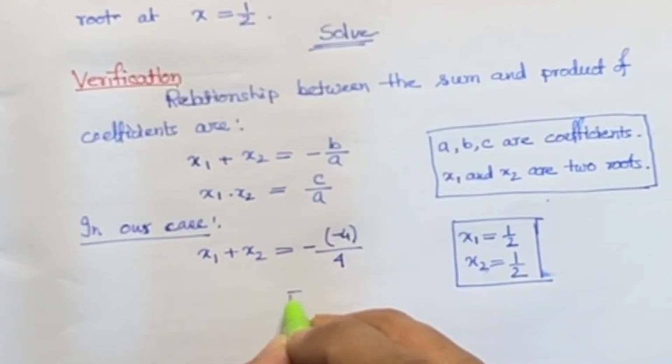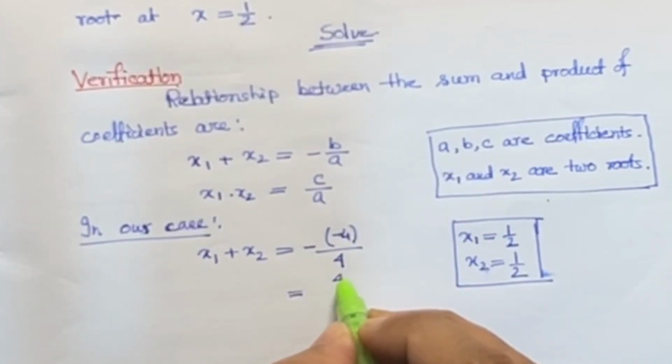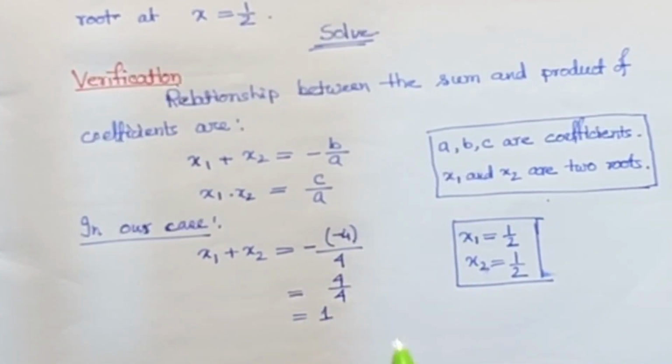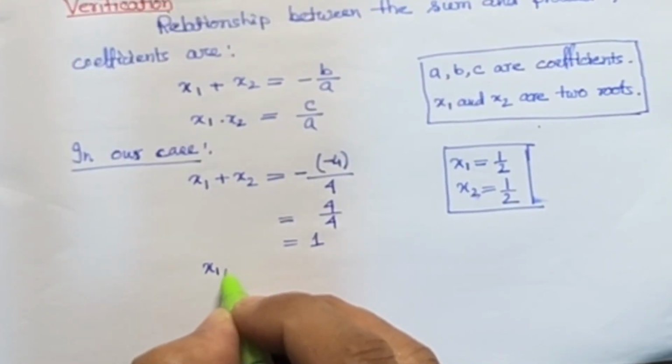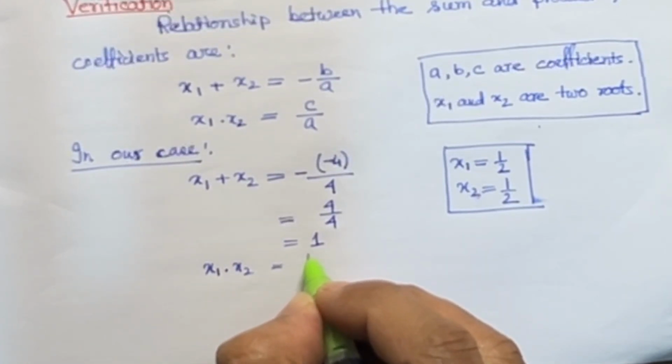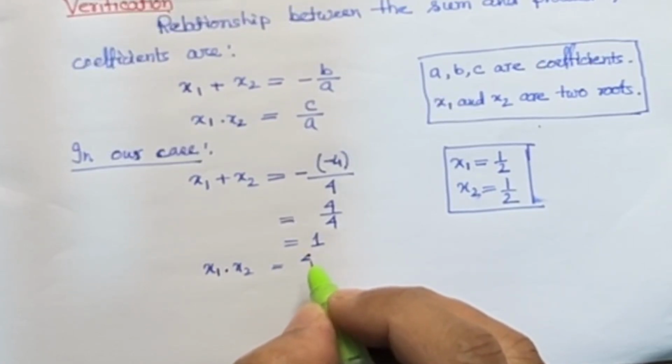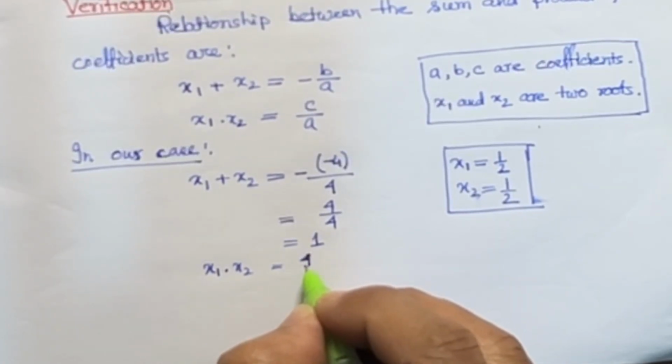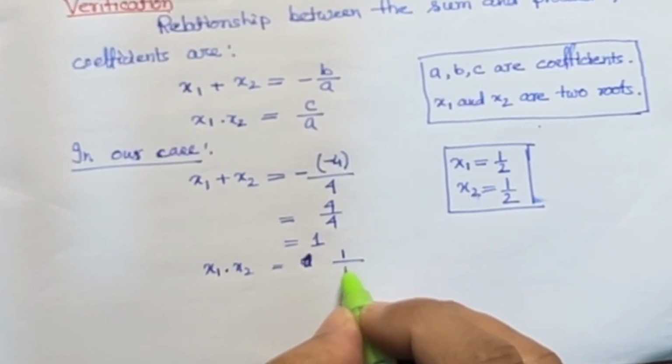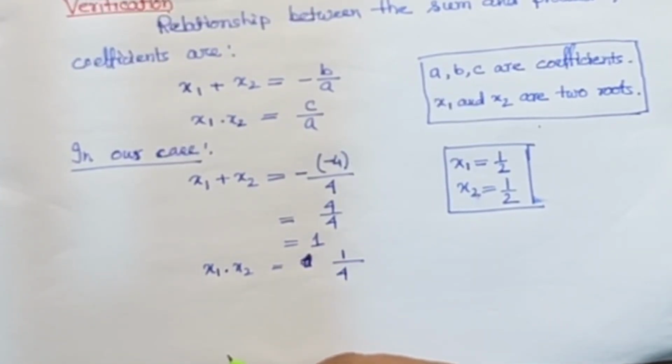So this equals 4 by 4, that means 1. Another, x1 into x2 equal to c by a. Here c is 1 divided by a means 4, that means 1 by 4.